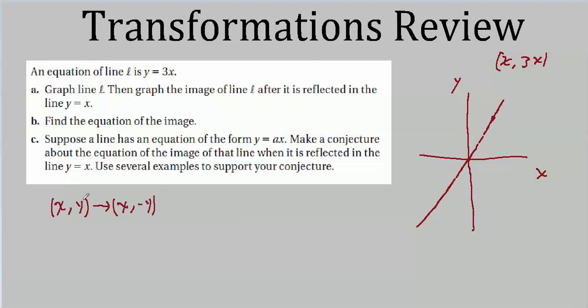Well, if every point on this line can be written as x, 3x, then every point on the reflection could be written as x, minus 3x. That'll bring this point here, this point a little bit farther, this point goes way up here, because the negative of negative is positive, and we end up with, oops, it's supposed to go through the origin.